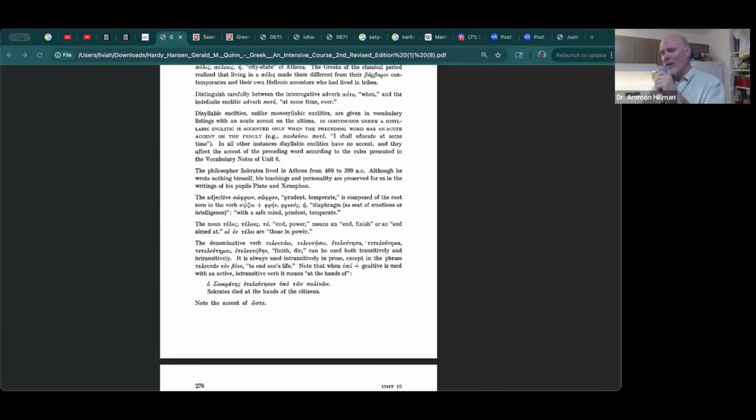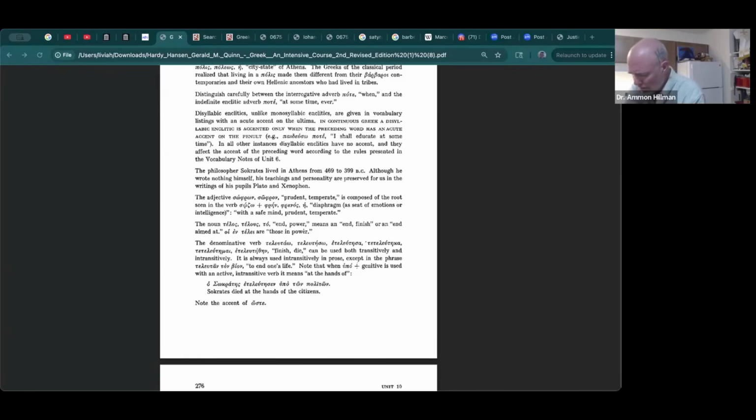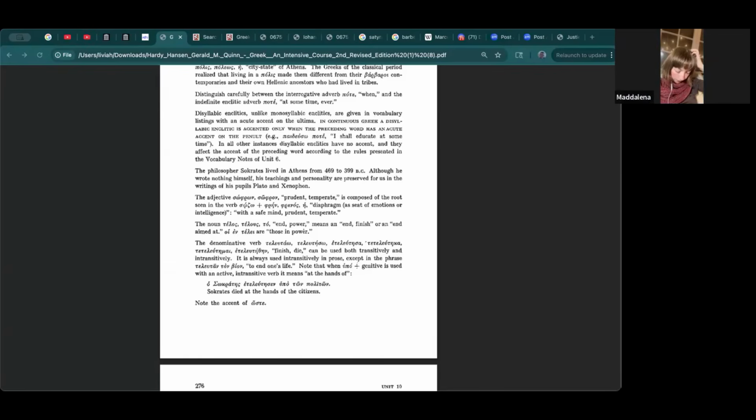Okay, here's what I want to do. I want to do a couple of things. Put a stop at the end of the first line. That's a complete sense unit, so just translate that by itself.